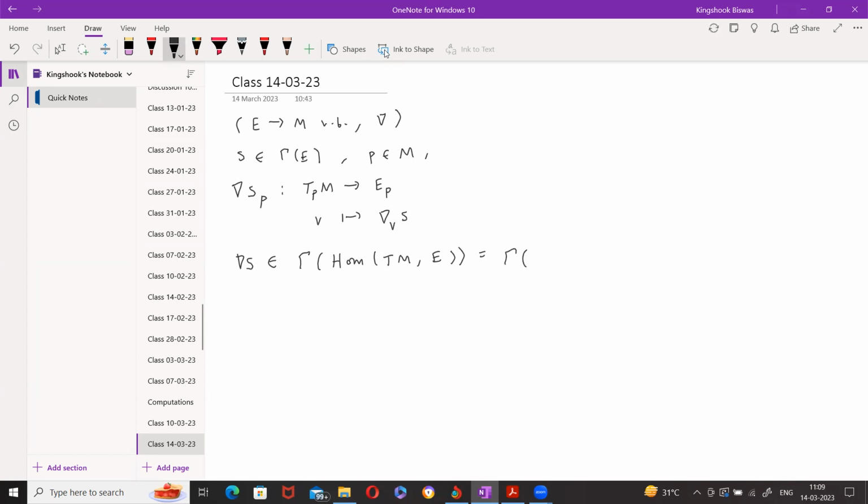So this becomes a section of T star M tensor E. Is this clear?